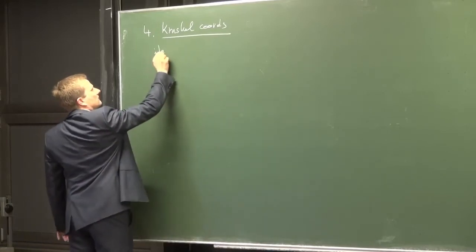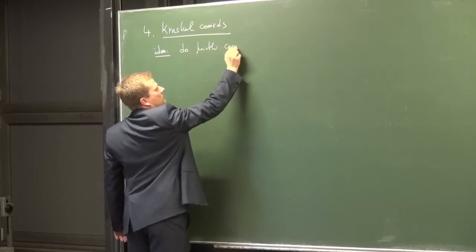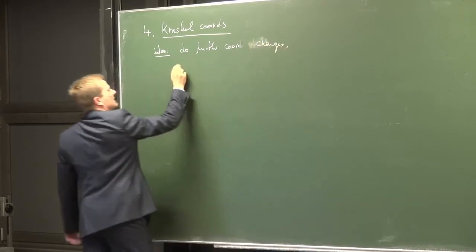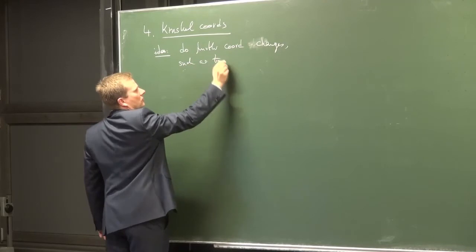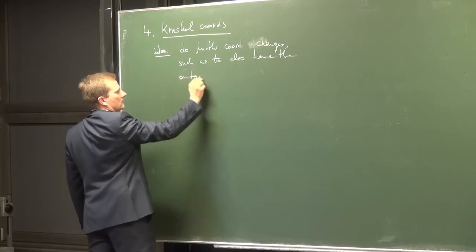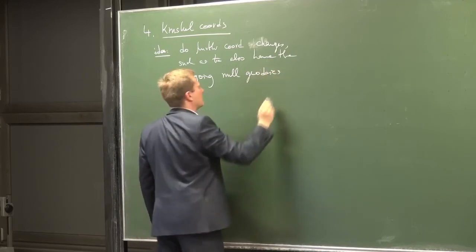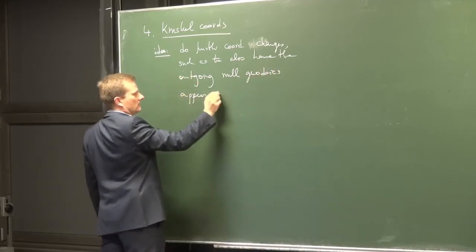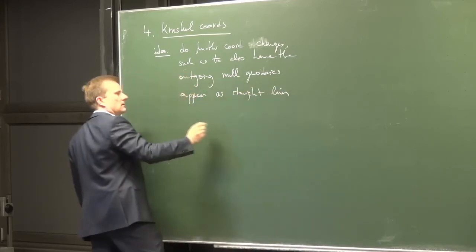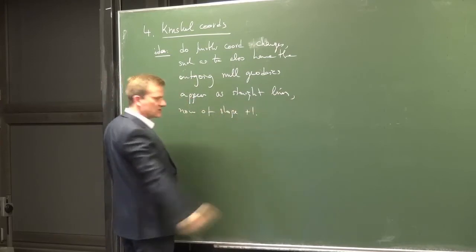But the idea is to do further coordinate transformations, such as to also have the outgoing null geodesics appear as straight lines, now of slope +1 in the chart.